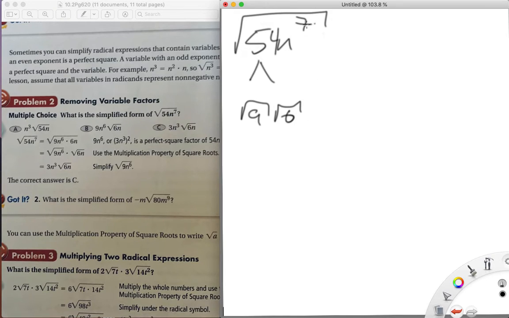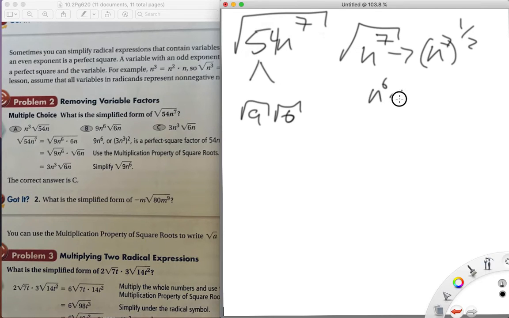I can try to break this n to the 7 into something that I can factor out. So recall that the square root of n to the 7 is the same thing as saying n to the 7 raised to the 1/2 power. I can also break up that n to the 7 and say that it's n to the 6 times n to the 1, right?